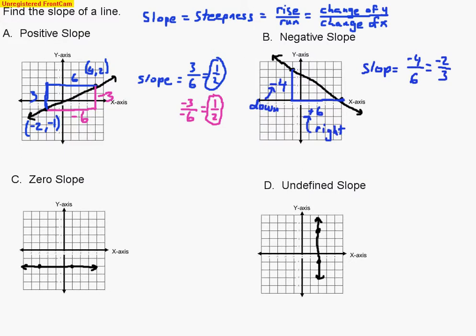And again, we could have gone the other way. And I'll just show you that real quick. If I had started at the right-hand point, I would have gone up 1, 2, 3, 4 spaces. So that'd be a +4. And then I'd have to go to the left. 1, 2, 3, 4, 5, 6. So that's left 6.